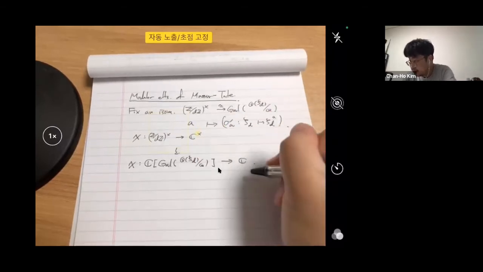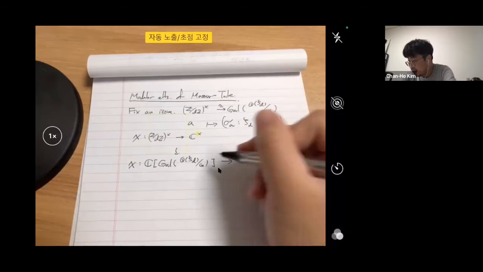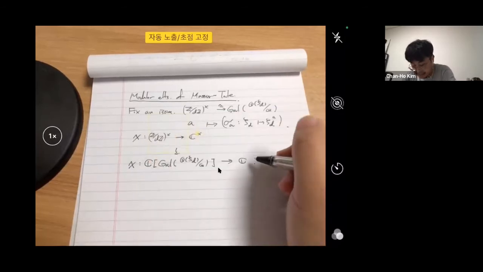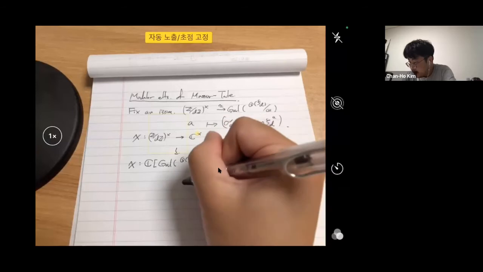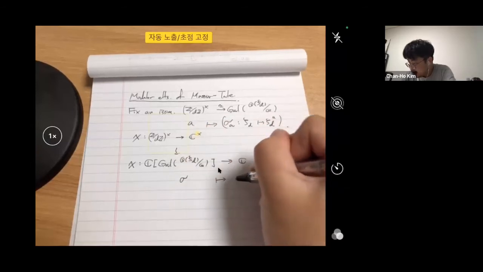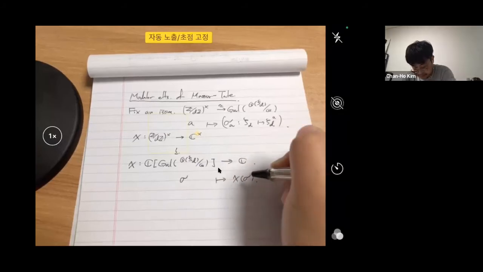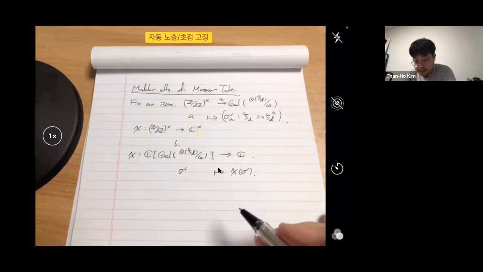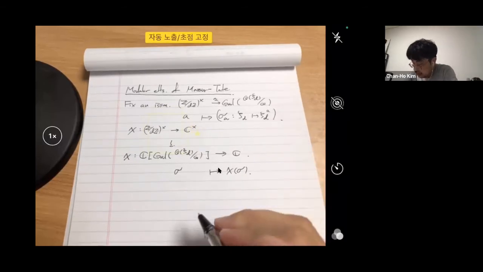Then yeah, evaluation, of course, they suffice. It's a linear map from the group ring to C, and any element sigma goes to chi of sigma, of course. Then the following element will recover all the L values.